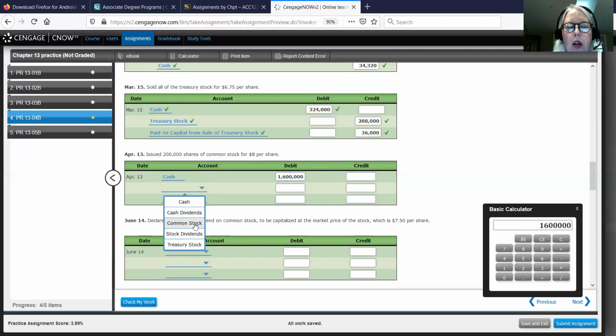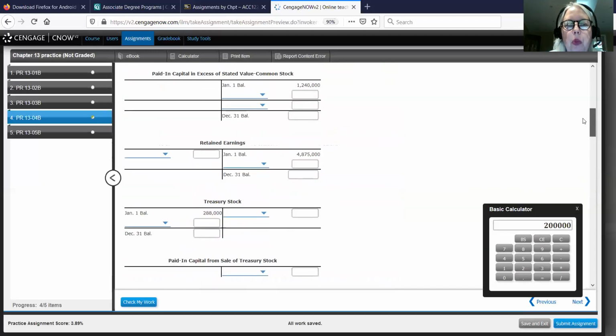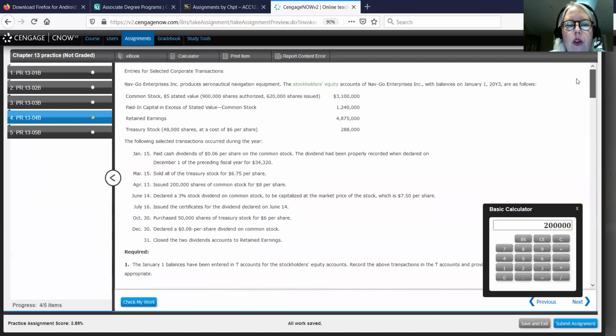We will credit our common stock account, but we're going to credit the common stock account for its par value. We know that we sold or issued 200,000 shares, so we're going to multiply those 200,000 shares by the par value of the common stock, which in this case is called a stated value.